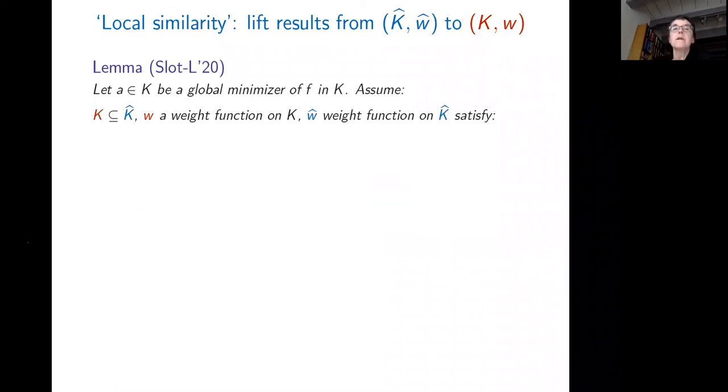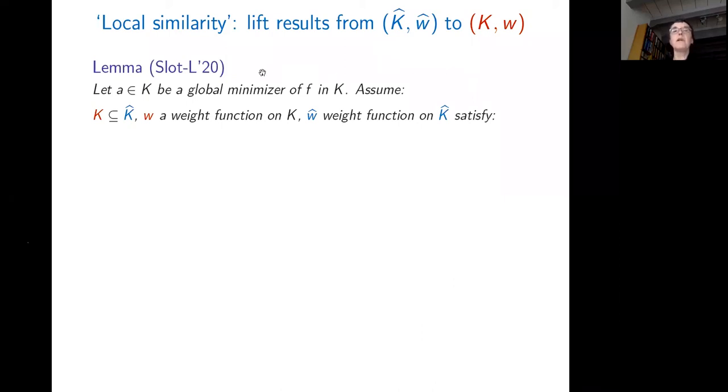This trick, which we call local similarity, will enable us to lift a result from a set K hat equipped with a weight function W hat to another pair K, W. So we suppose here that K hat, W hat is a pair where we understand the behavior of the bound. And our goal is to understand the behavior of the bounds for the new red pair.